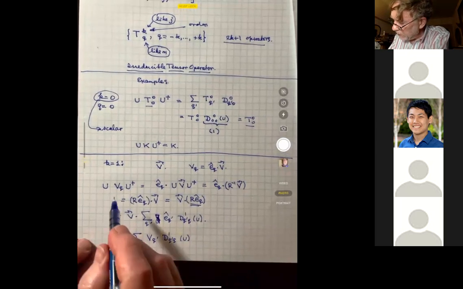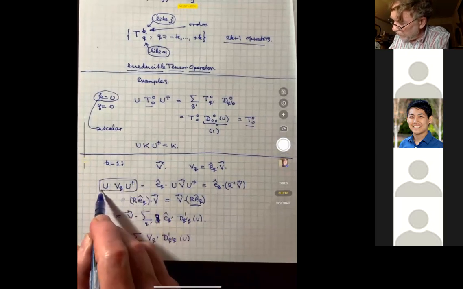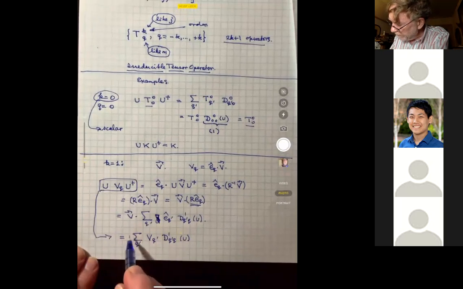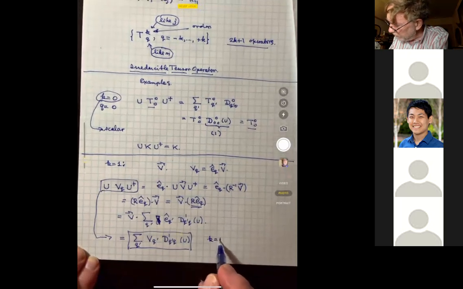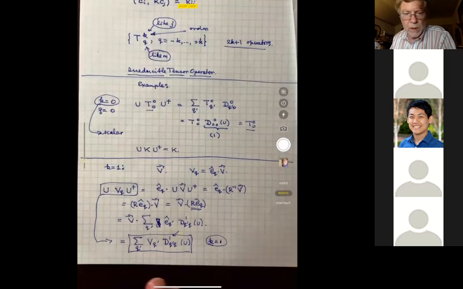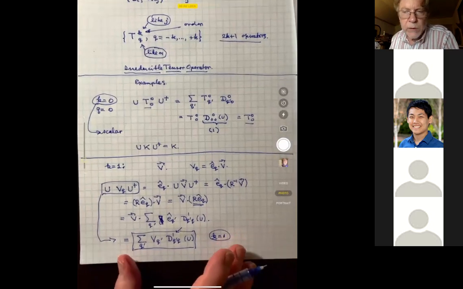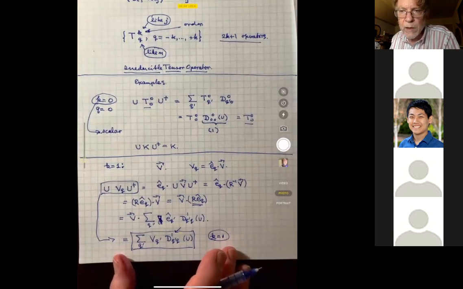And so what we see is that conjugating component of v hat sub q gives us exactly what we need for an irreducible tensor operator of k equals 1, because that's the one that appears here in the D matrix. So any vector operator just transformed into the spherical basis gives us a k equals 1 irreducible tensor operator.